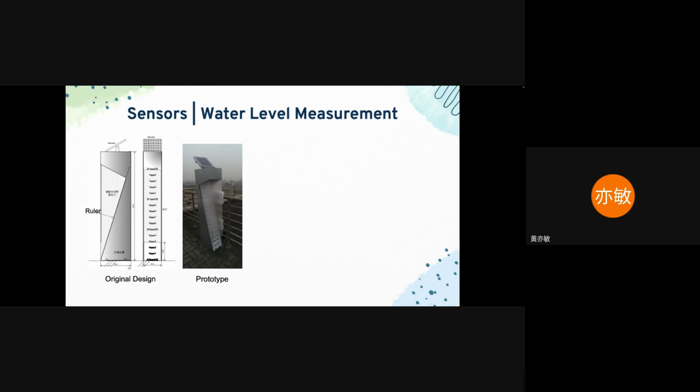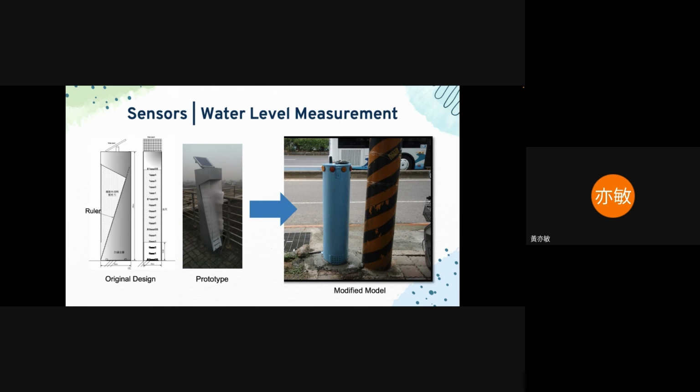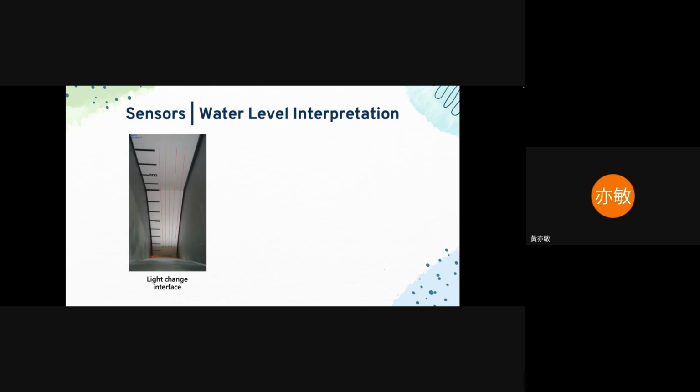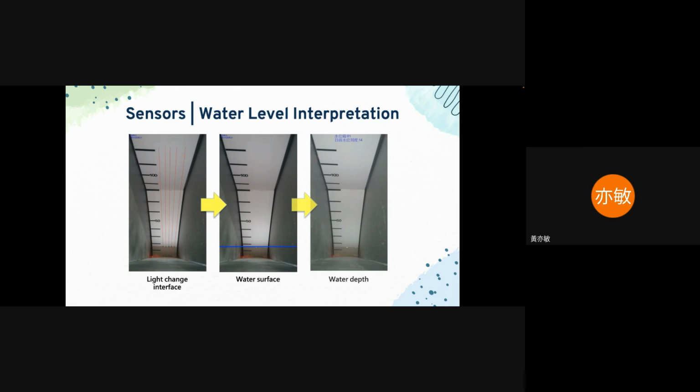So we put the sensors. This is our prototype of the sensors to measure the water depth, the flood depths, and we want to measure automatically. So we use several techniques we have today. You can use image processing and image detection.